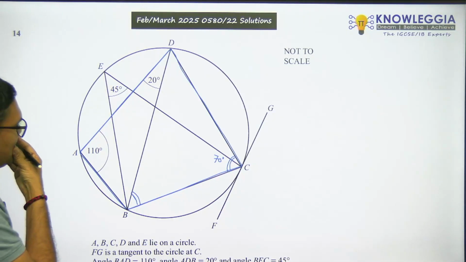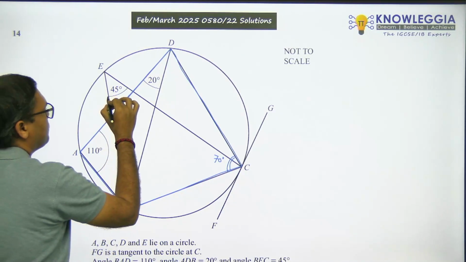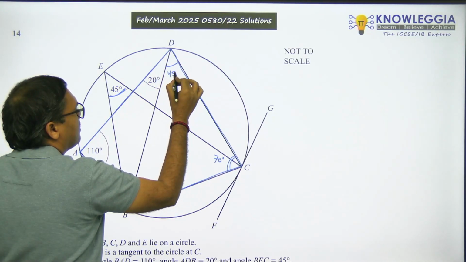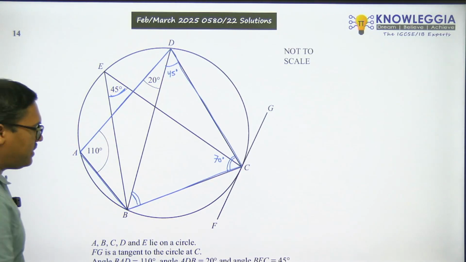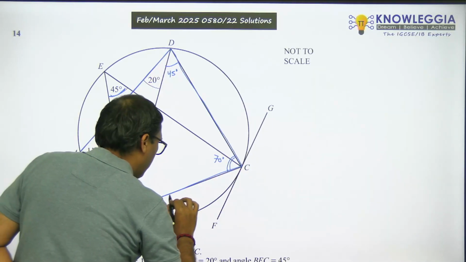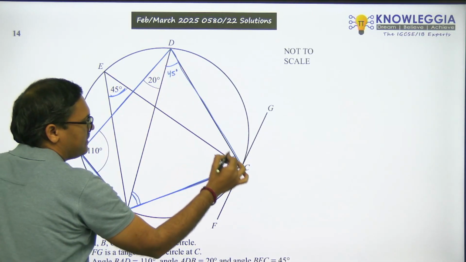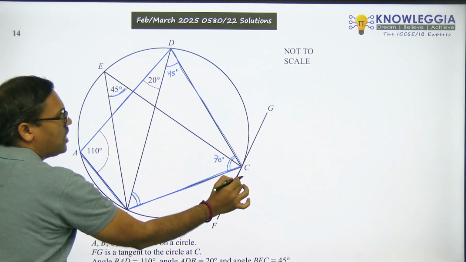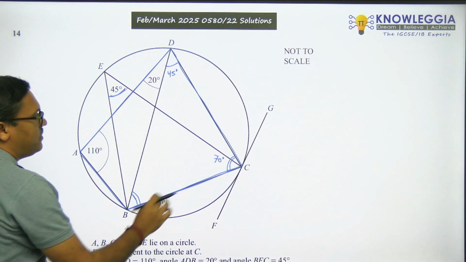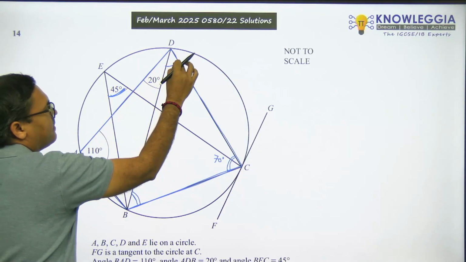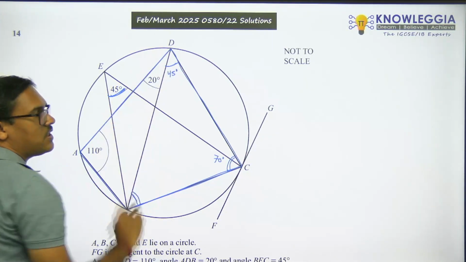What we can see is this angle is 45, so I can say this angle is also 45 degree. Now, why is this so? Because if you take this chord BC, angles in the same segment are equal. So this BC is making angle 45 here and here. That is why these two angles are equal.